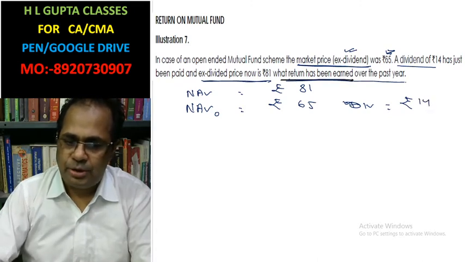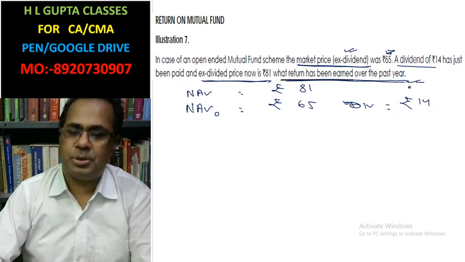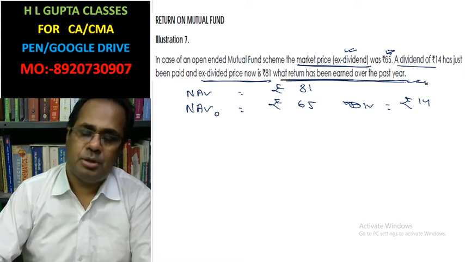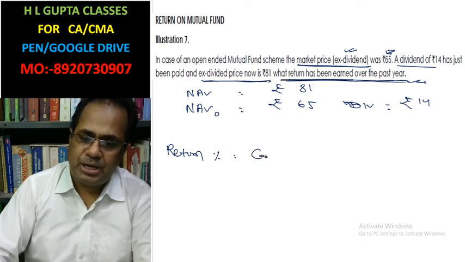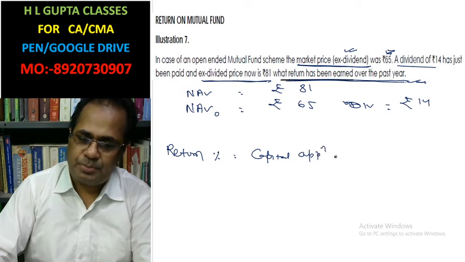What is the return you have earned over the past year? The return percentage will come in two ways: one is the capital appreciation percentage plus the dividend yield.